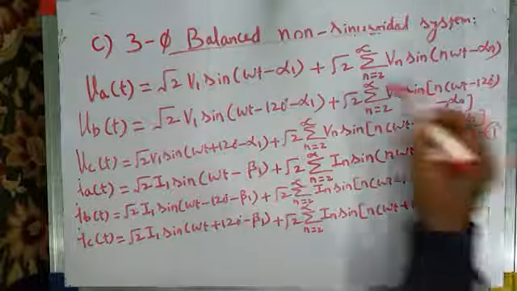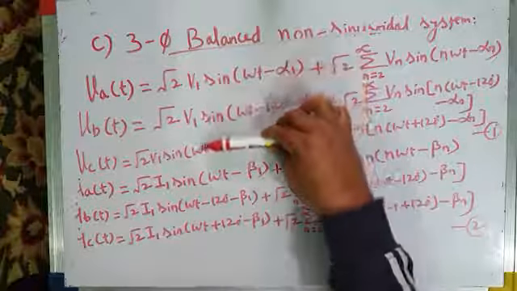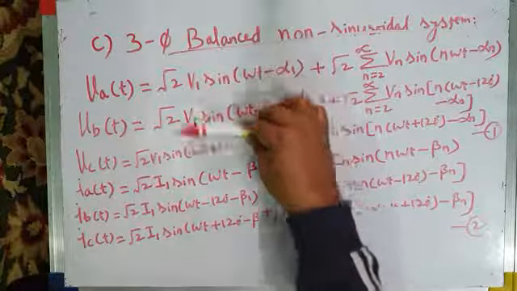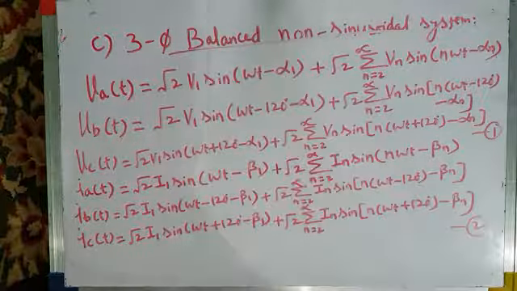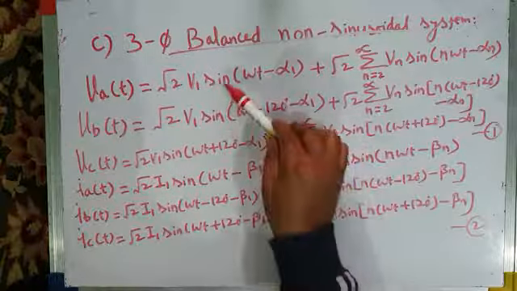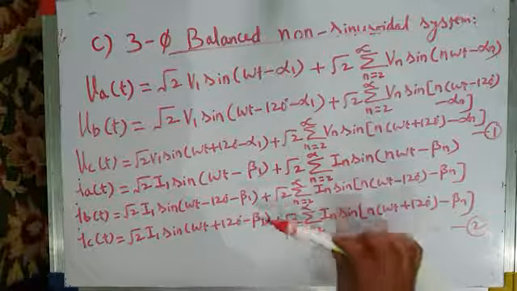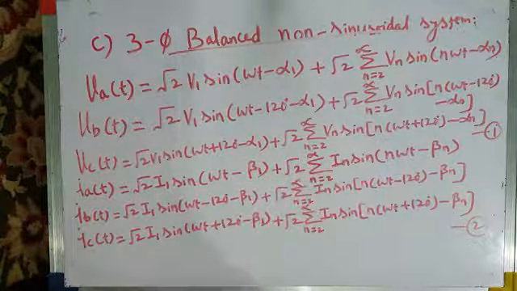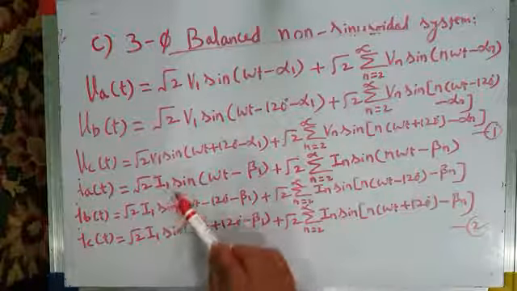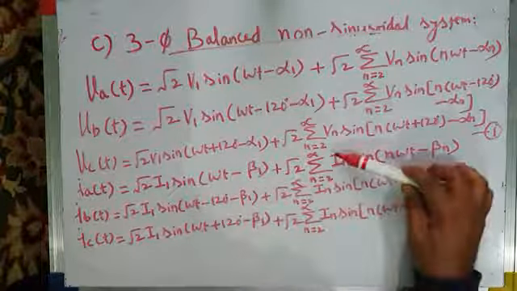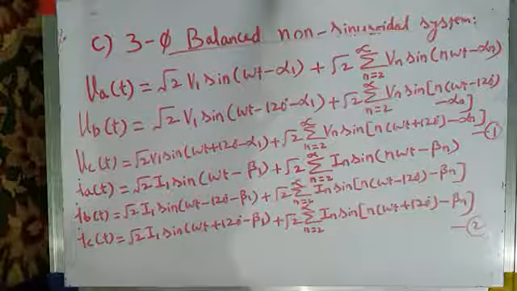So equation 1 represents three equations basically, which are three line to neutral voltages or phase voltages, distorted voltages comprising of fundamental components and various harmonic components. And equation 2 represents the set of three line or three phase currents, which also comprise of fundamental components and summation of various harmonics.